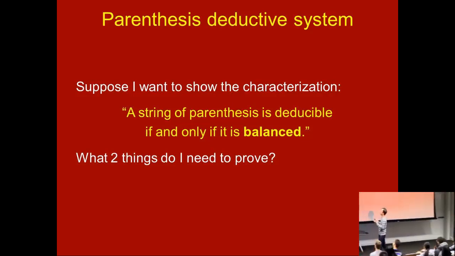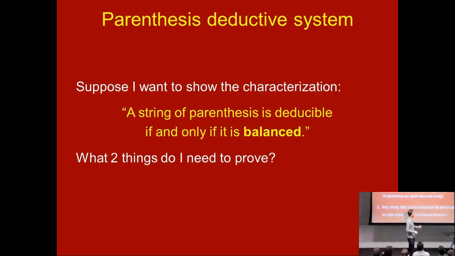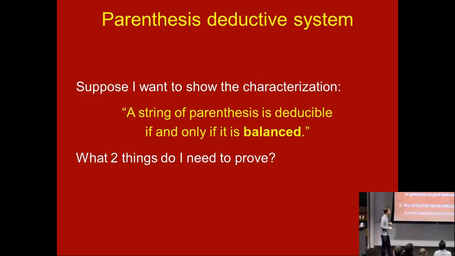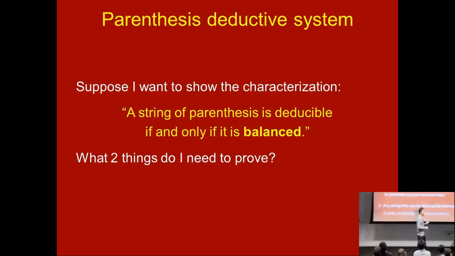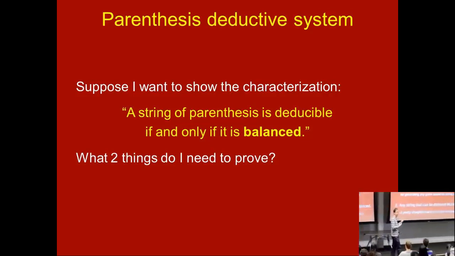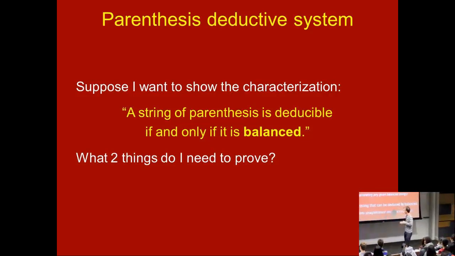Okay, so let me put them up here on the screen so that we can remember. We actually said the number 2 first, that any string that can be deduced really is a string of balanced parentheses. And how would you prove that? This you would prove by structural induction. If you don't remember that so well, we'll talk about it in the recitation tomorrow.